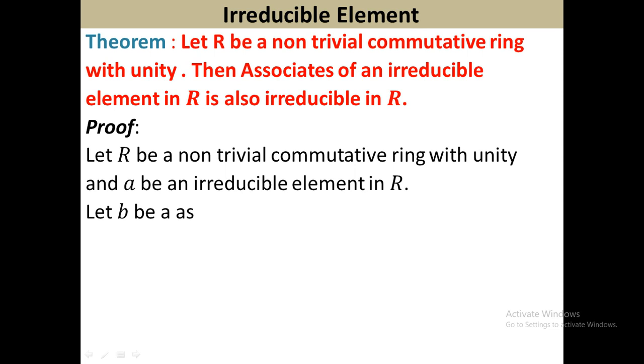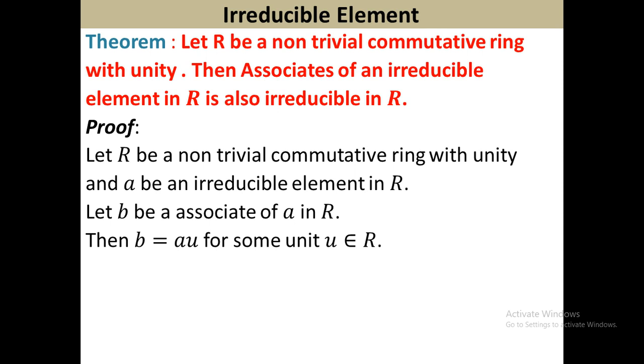Suppose b is an associate of a, then b equals a u for some unit u in R, from the definition of associates. Now I have to show that b is an irreducible element. Clearly b is non-zero, because a is irreducible so a is non-zero, and u is a unit so u must be non-zero.